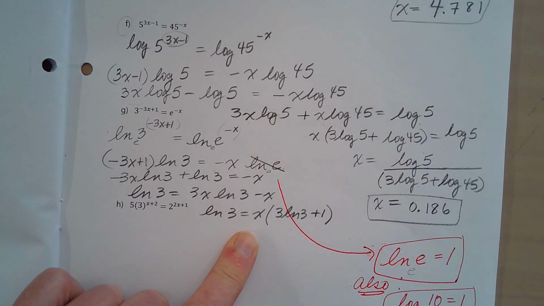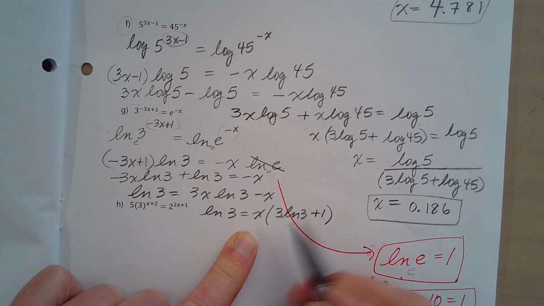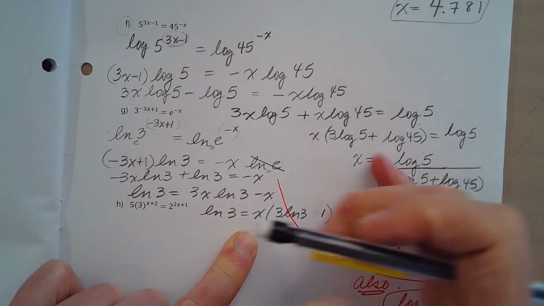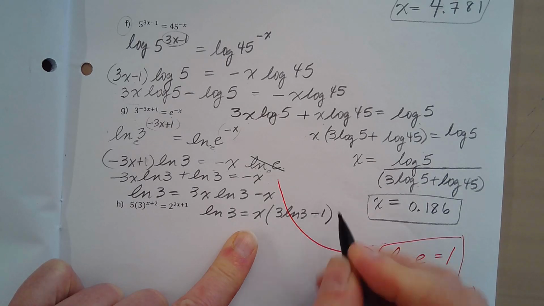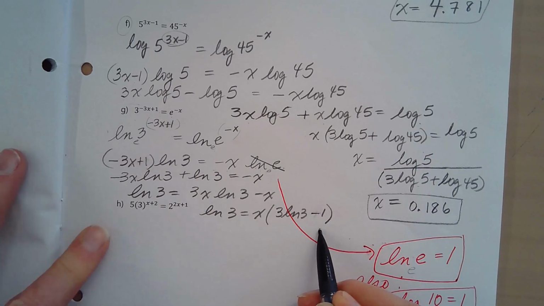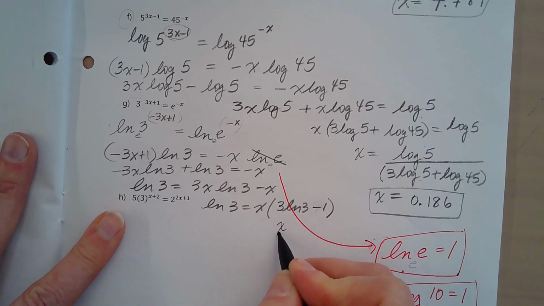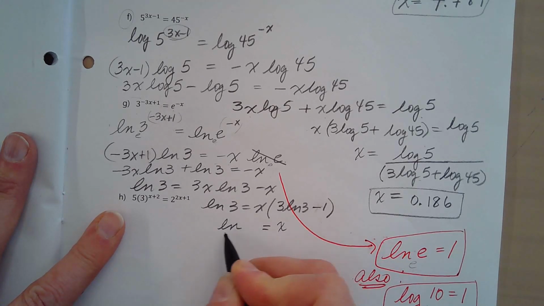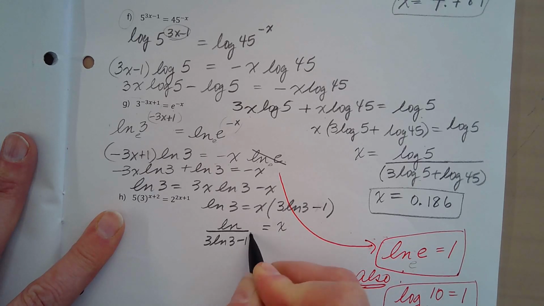Agreed? All right, last step. To get x by himself, I just have to take my ln of 3 divided by 3 ln 3 minus 1.